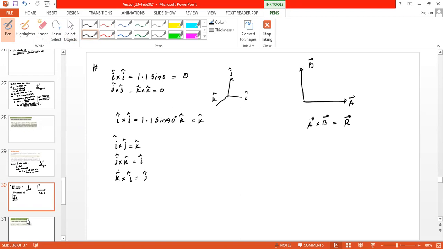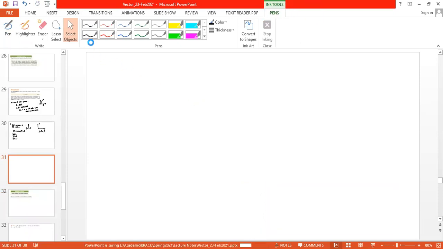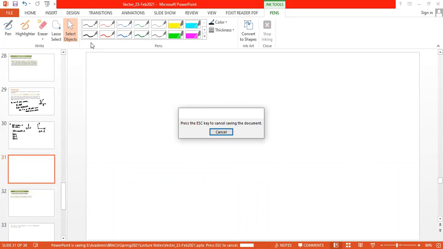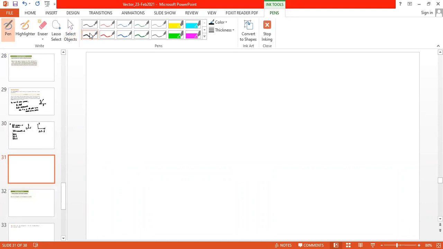Now let me tell you how to multiply two vectors that are written in component form. Let's say we have two vectors. One is A and the other one is B, such that A equal to AX I plus AY j plus AZ k, okay?